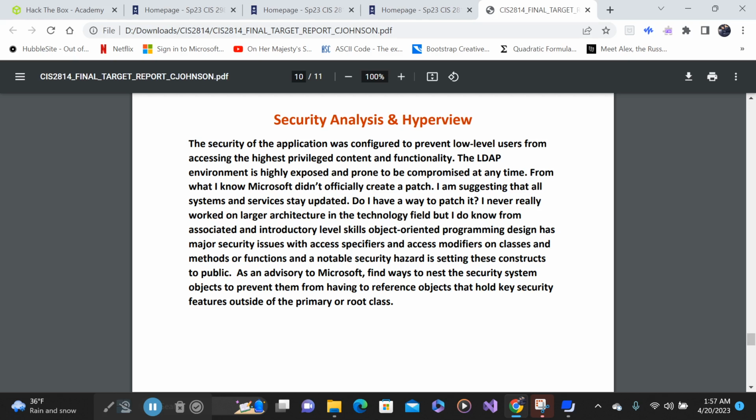A notable security hazard is setting these constructs to public. As an advisory to Microsoft, find ways to nest their security objects to prevent them from having to reference objects that hold key security features outside of the primary or root class.